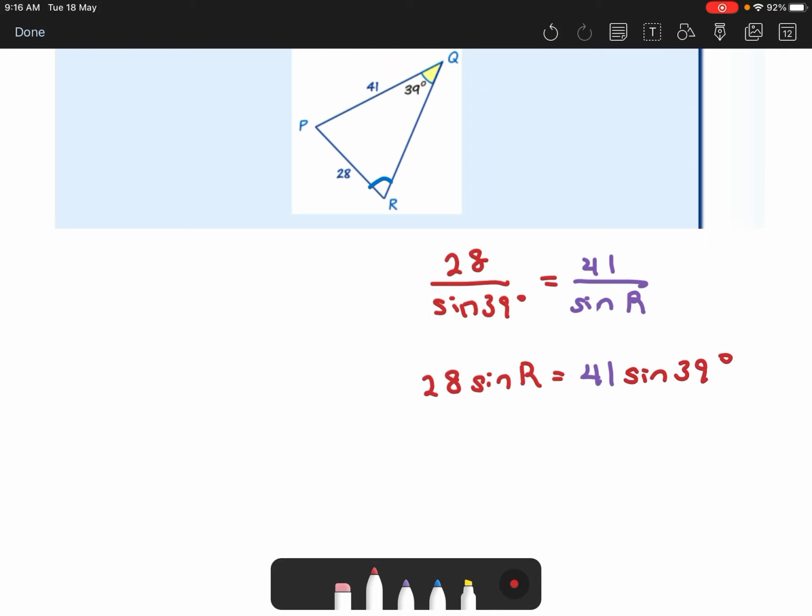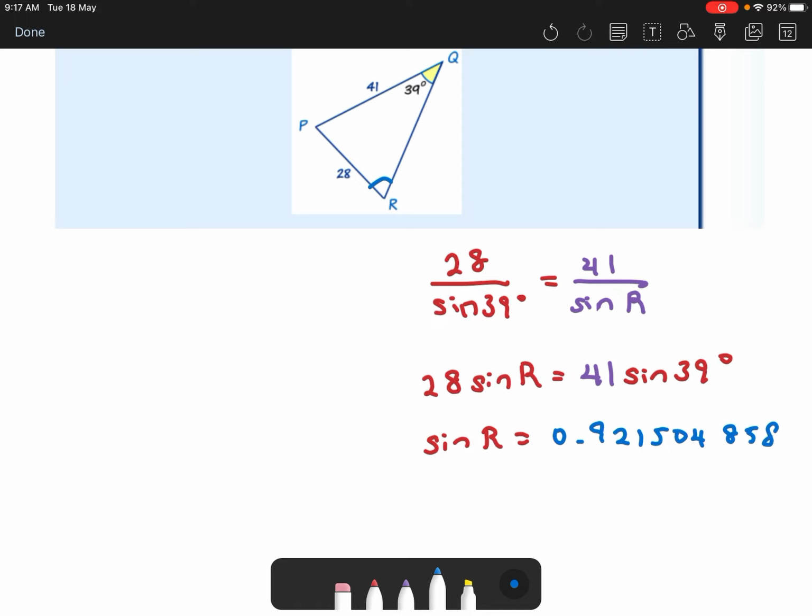Just press the calculator, 41 sine 39 divided by 28. So your sine R is equal to 0.921504858.